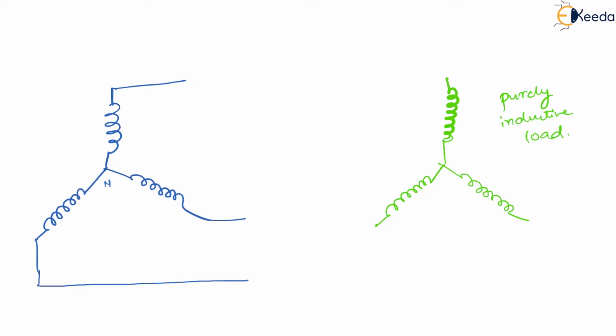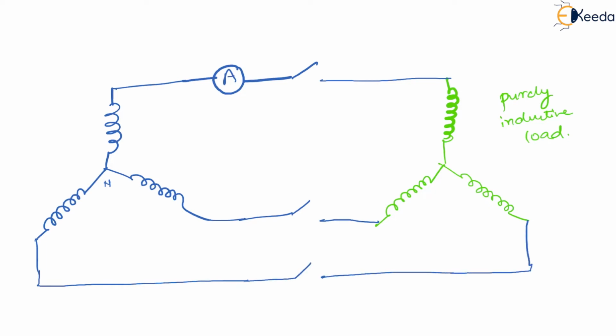Now what I will do, for example, let me connect an ammeter over here, and let me have a switch like this. This is a triple pole single throw switch, TPST switch, correct?